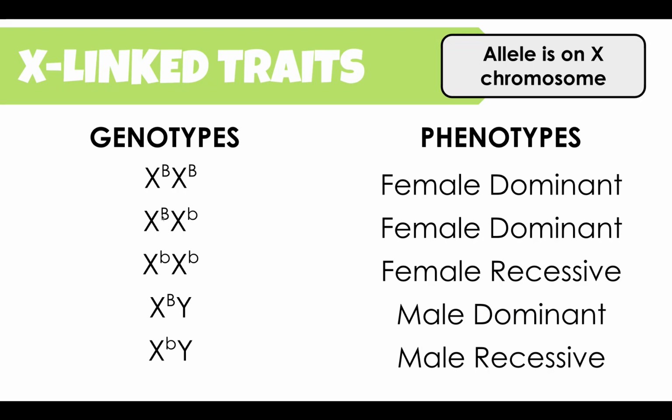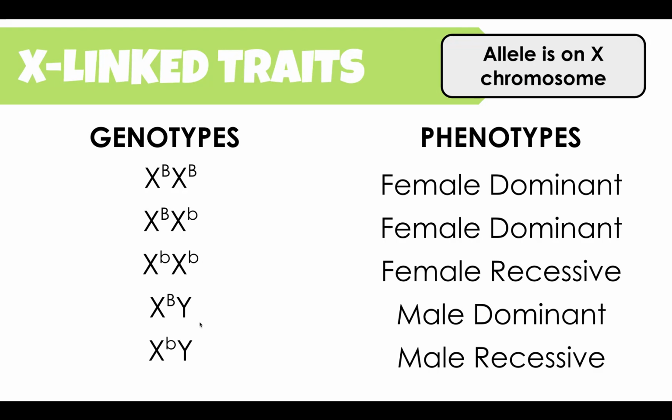So because the trait itself is big B, little b, overall this female will be dominant for whatever the trait is that we are tracking because that one dominant allele masks the recessive allele. The last female genotype is where both alleles for the trait are recessive. So we still have the 2 X chromosomes, but their exponents showing the trait are both little b. So this female would be recessive for whatever trait it is that we are tracking.